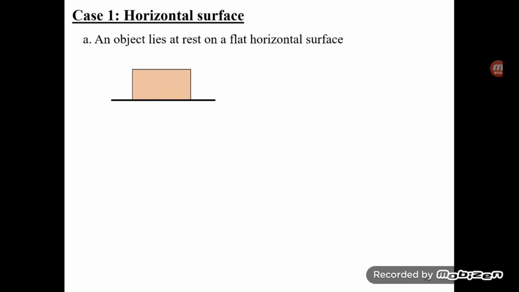Case 1. Horizontal surface. An object lies at rest on a horizontal surface. To start, draw a free body diagram. You need to draw a dot to represent the object of interest.